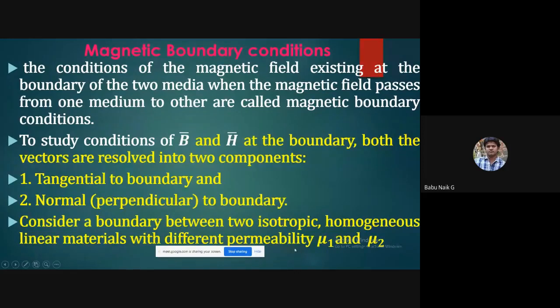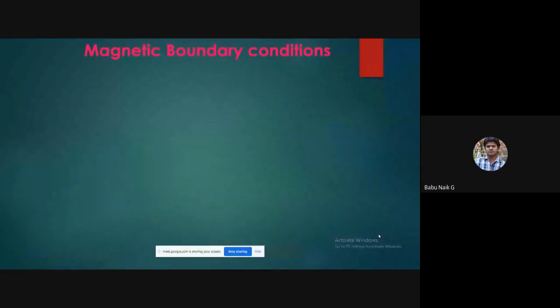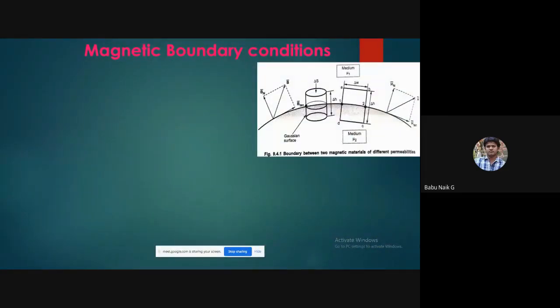With that we can calculate the permeability of the two materials, mu1 and mu2, in medium 1 and medium 2. So this is our boundary, with medium 1 here and medium 2 here. This line I have drawn is the boundary condition region. Okay, so with the boundary condition here, one component is tangential.